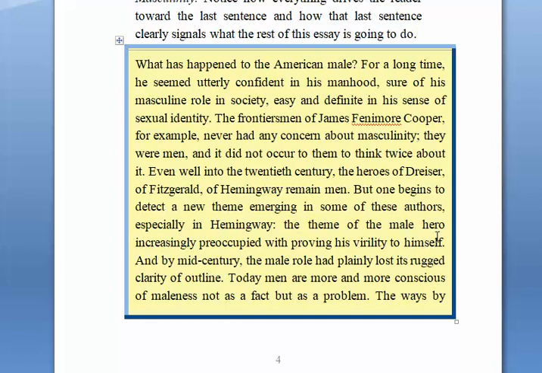The theme of the male hero increasingly preoccupied with proving his virility to himself. And by mid-century, the male role had plainly lost its rugged clarity of outline. Today, men are more and more conscious of maleness, not as a fact, but as a problem.